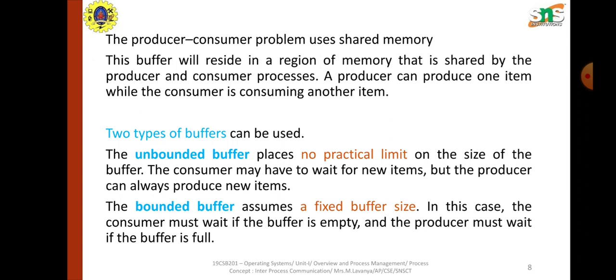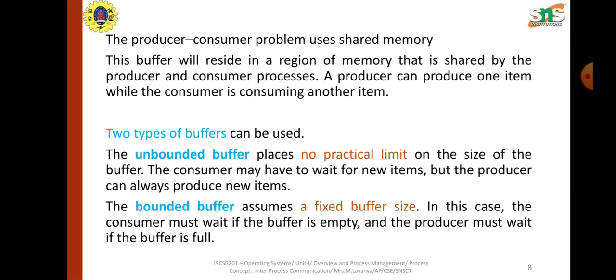So in this unbounded buffer, the producer can produce n number of data, but the consumer has a constraint that only after the producer produces the data can he access it from the memory location. So the consumer has to wait till the producer produces the data. This is one type, the unbounded buffer.